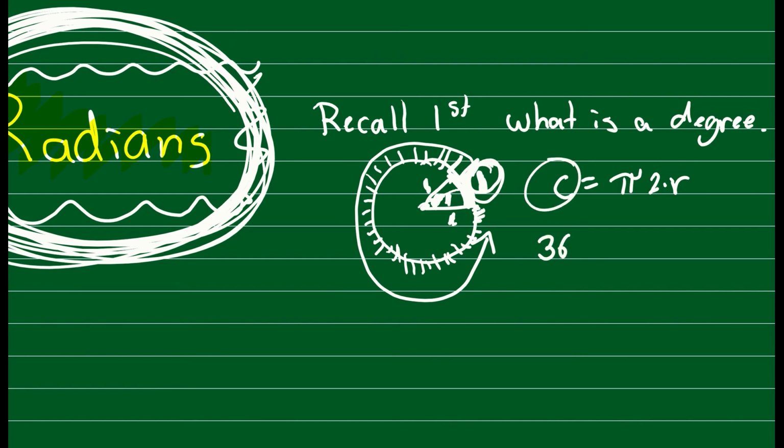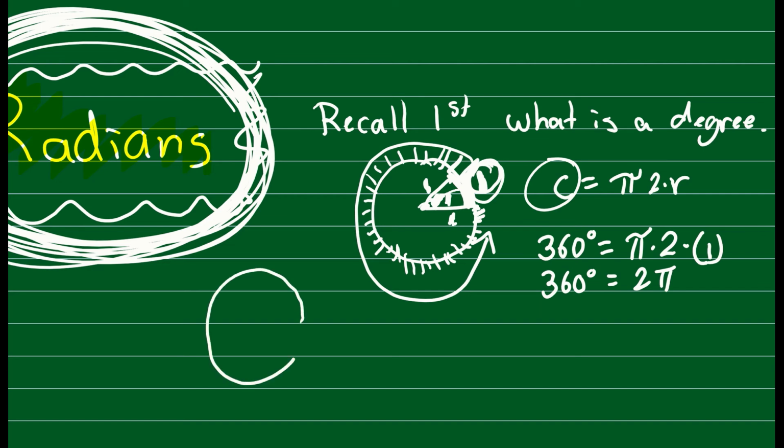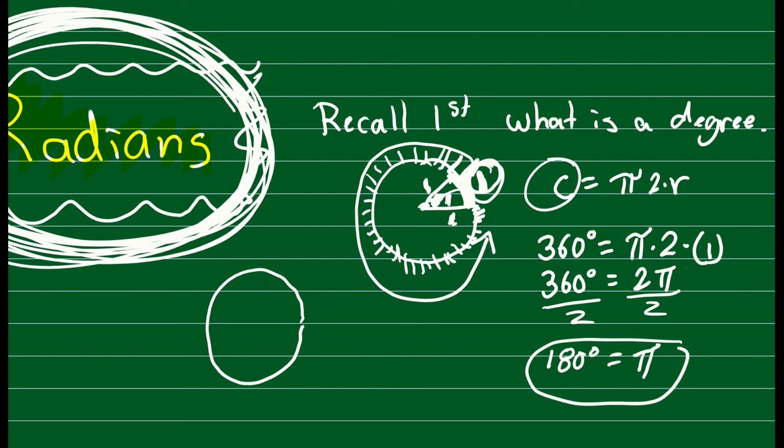Well, it's 360, which is equal to pi times 2 times the radius. The radius is 1. So we have 360 degrees is equal to 2 pi. That's where we get the notion that a full 360 is 2 pi. And if we divide by 2 and divide by 2, we have that 180 degrees is equal to pi. Ta-da!